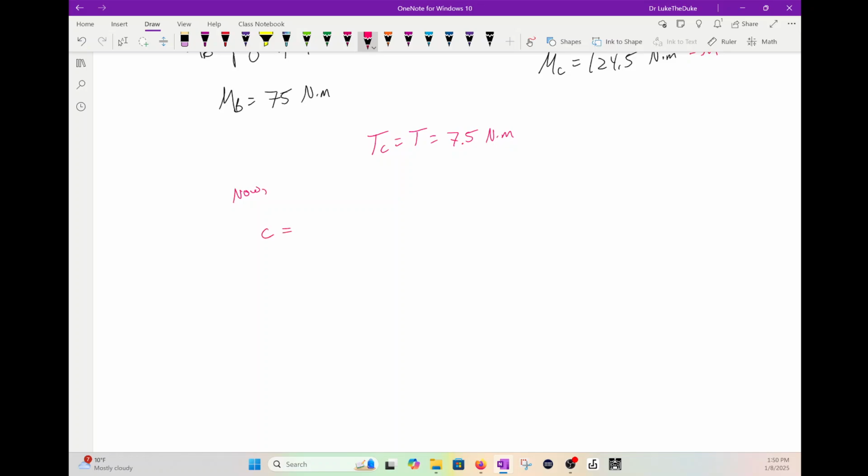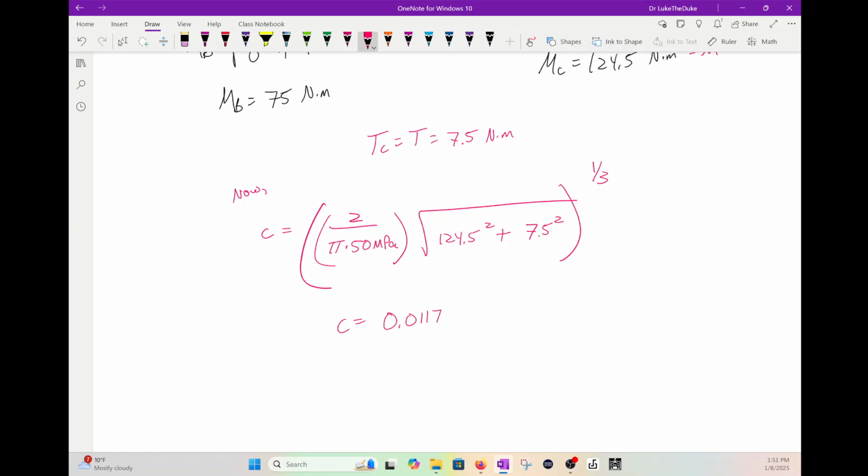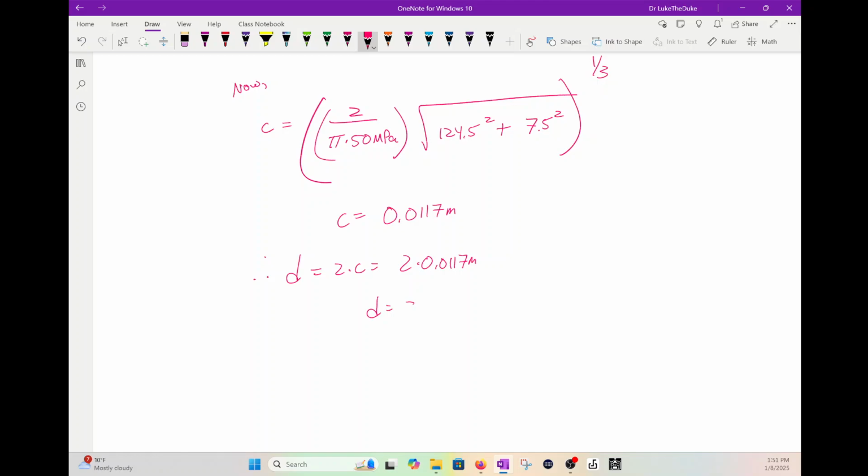C becomes 2 over pi times 50 megapascals, you have to convert that, times 124.5 squared plus 7.5 squared, and this whole thing is raised to the 1/3, which gives 0.0117 meters. Therefore the diameter is 2 times C, 2 times 0.0117, and the diameter becomes 23.3 millimeters, or I would use 24 millimeters.